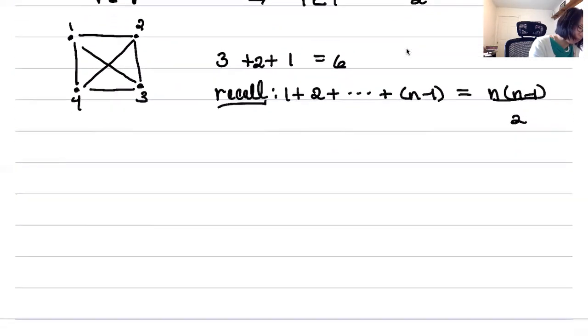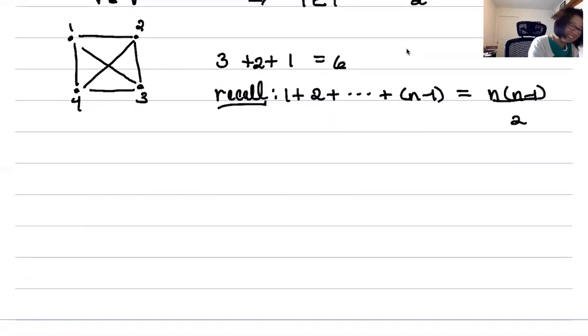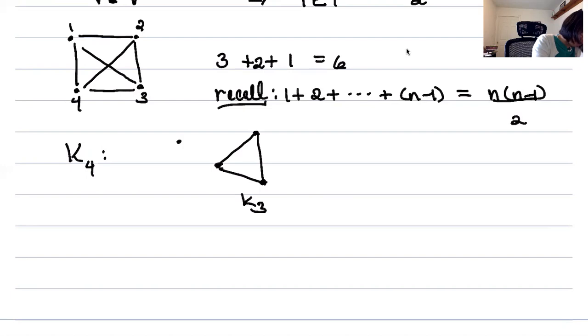I guess another way of thinking about this, probably better than what I just did, is you can think of Kn as follows. Well, let's do it with this K4 example. K4 is a K3, a triangle, plus one extra vertex connected to all of the vertices.